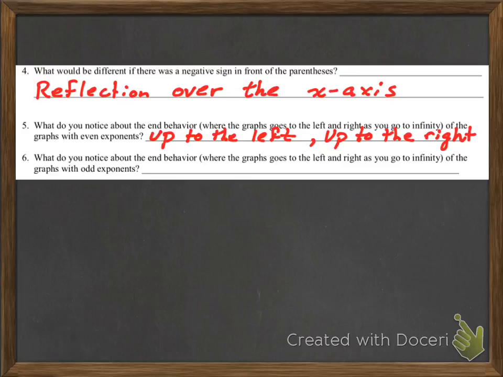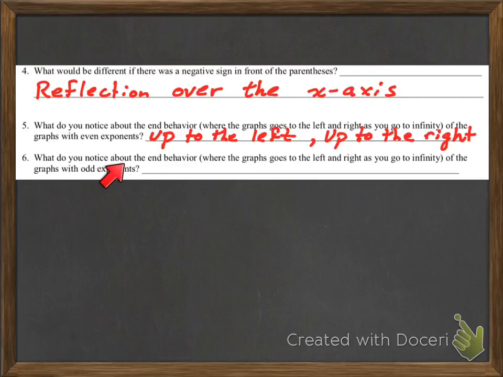Now, keep in mind that if you have a negative coefficient, that means that everything reflects over the x-axis. So if you have an even exponent but a negative coefficient, instead of going up to the left and up to the right, you would go down to the left and down to the right.